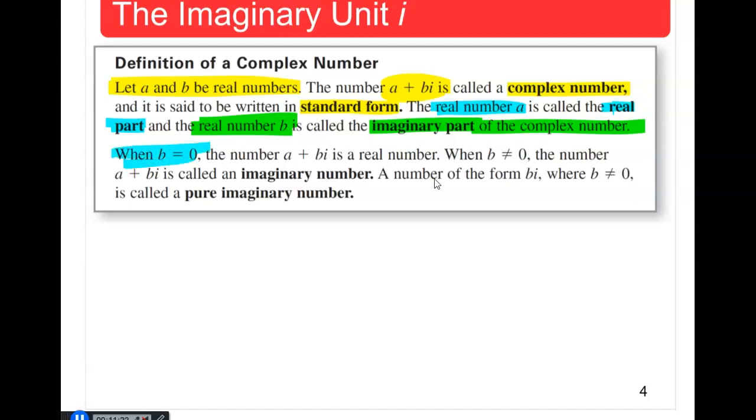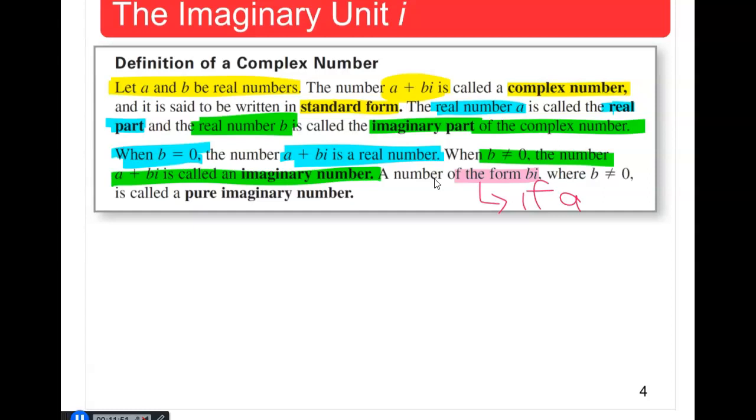When b equals 0, the number a plus bi is a real number, as I showed you before. And when b does not equal 0, that means we have the imaginary part attached to the real part. And then finally, in the form bi, if a was to be 0, those numbers we call pure imaginary.